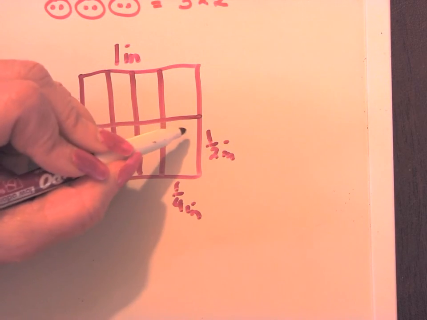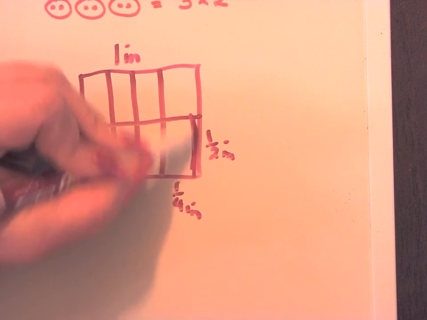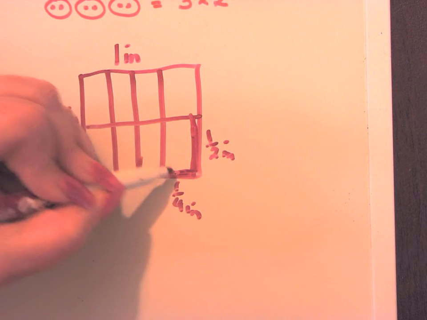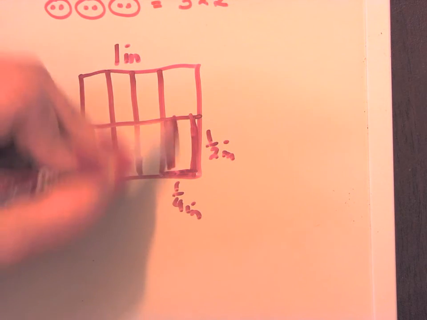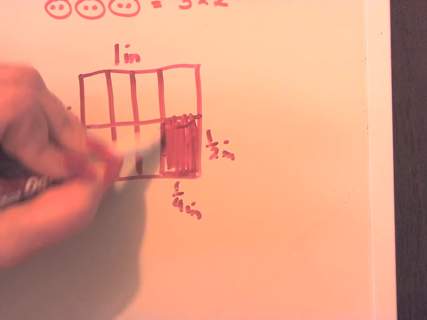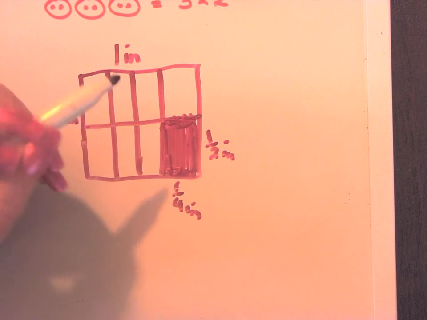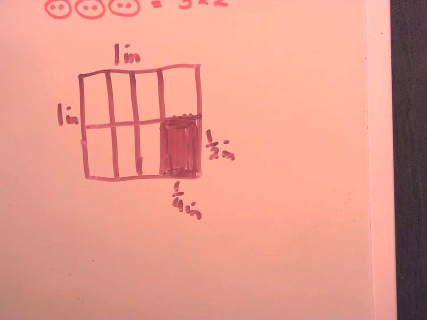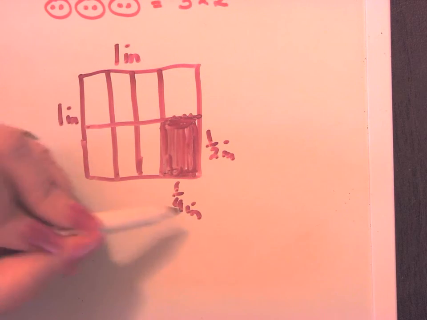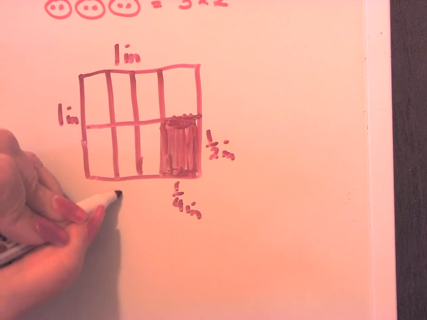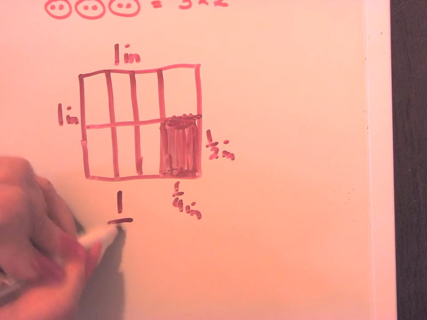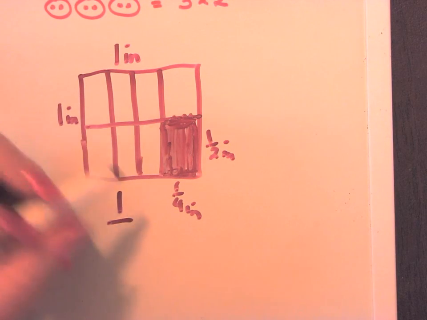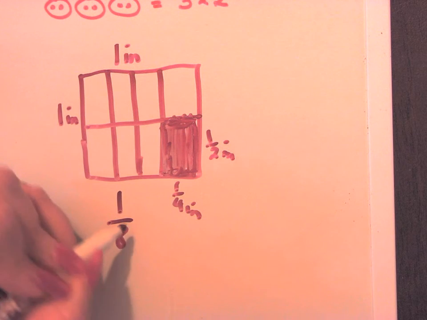And they have that little box shaded in right here. And they ask you, what fraction of the whole square is shaded? Well, here's the whole square. I have one piece out of 8 pieces, so 1/8 shaded.